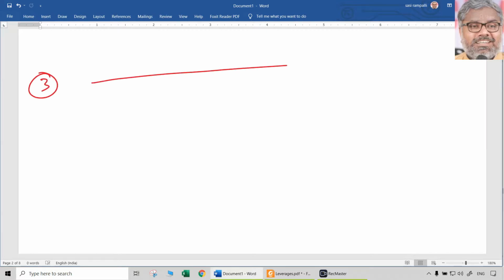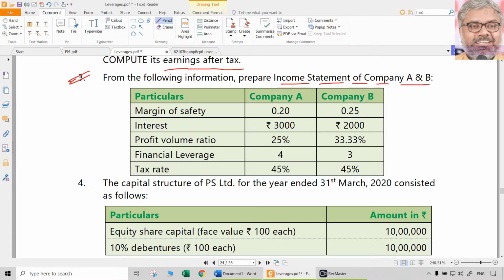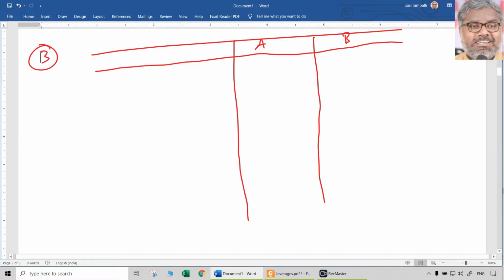Third question. So income statements will not be printed. We have to prepare them, and naturally computations have to be done and shown in the working notes. A and B. We don't have any items here directly, but we have to fill this same format.